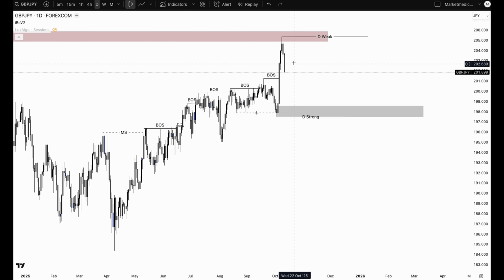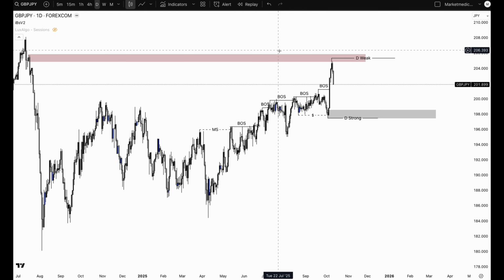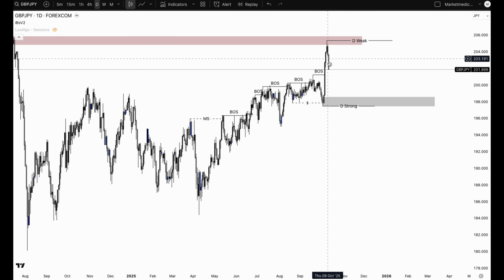But for now, the market is trading within this range, coming from a daily weak, and we have the daily supply order block here that is facilitating this bearish movement that we are seeing on the daily.